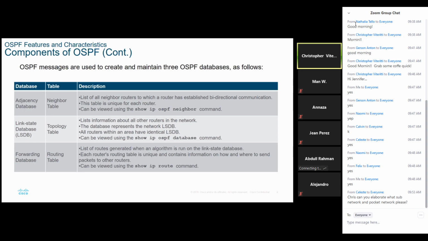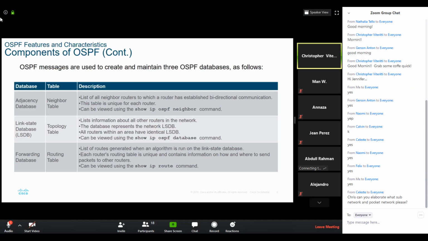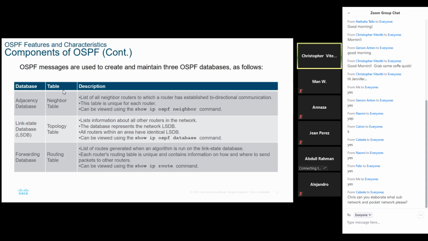The adjacency database, the neighbor table, is simply a list of all neighboring routers to which a router has established bidirectional communication. That table is also unique for each router because every router has different interfaces connected to different other devices and networks. It can be viewed using the show ip ospf neighbor command.